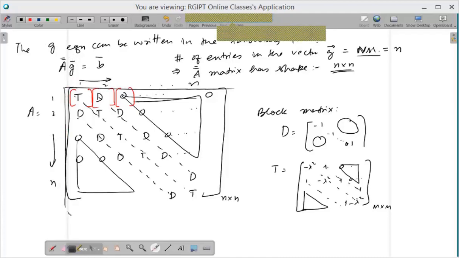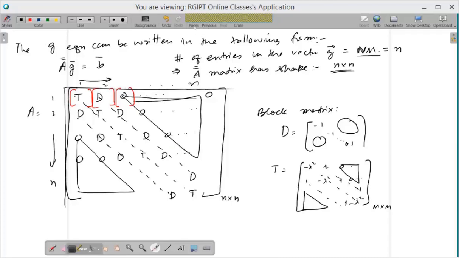Okay. So at the cost of writing A, there's a catch here. What is the catch? You can see that there is a whole lot of entries in A which are zeros actually. It's a huge matrix. That's scary. Okay.